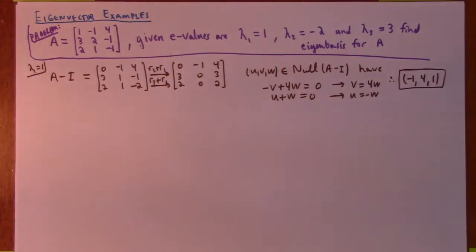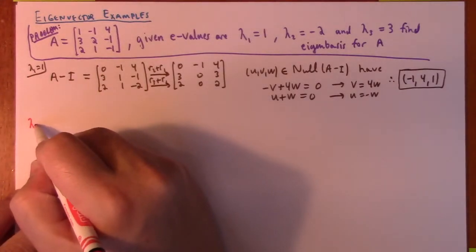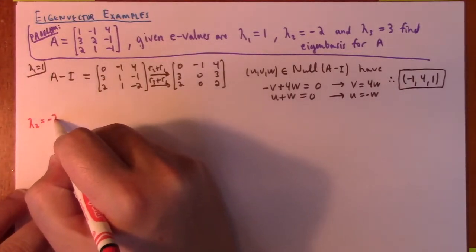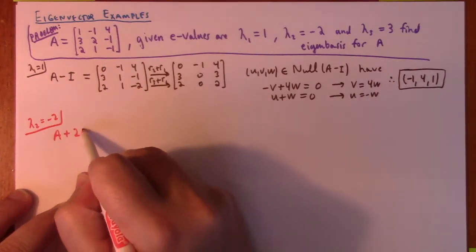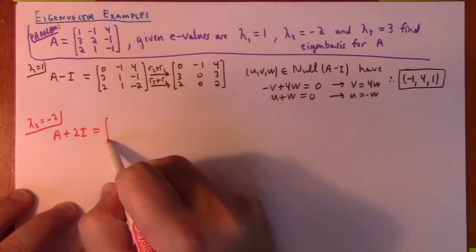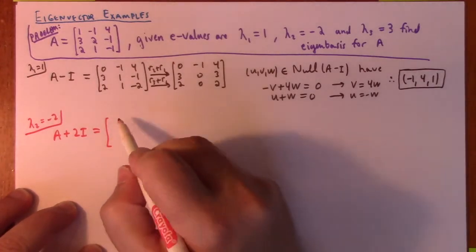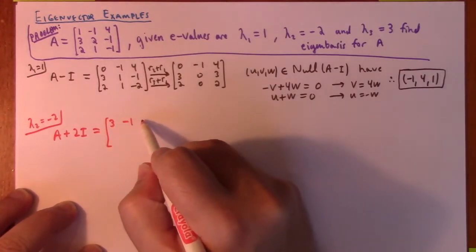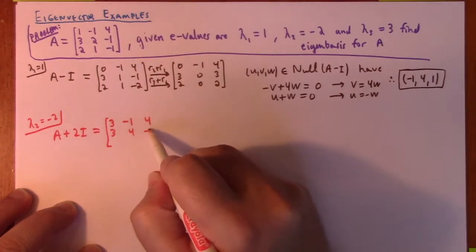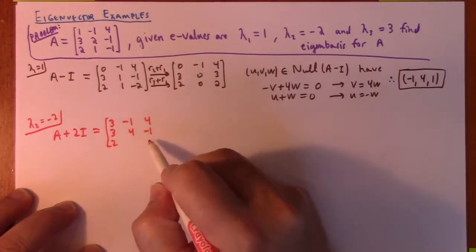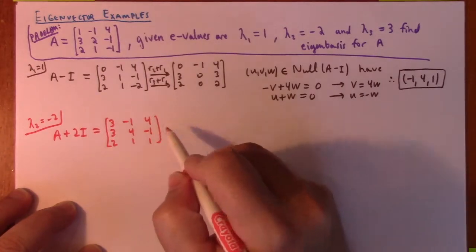Next, I will go on to do the next eigenvalue. Lambda 2 equals minus 2. So there I've got to look at A plus 2I. A plus 2I would be 3, minus 1, 4, 3, 4, minus 1, 2, 1, and 1.